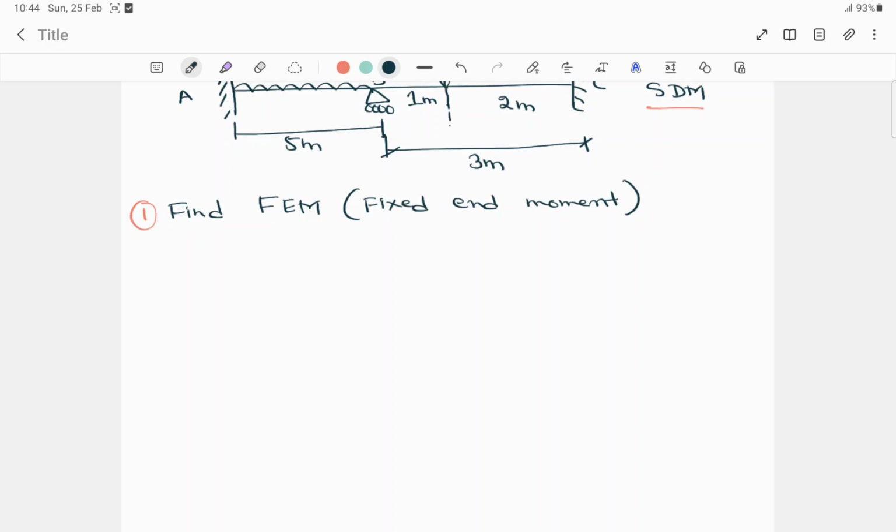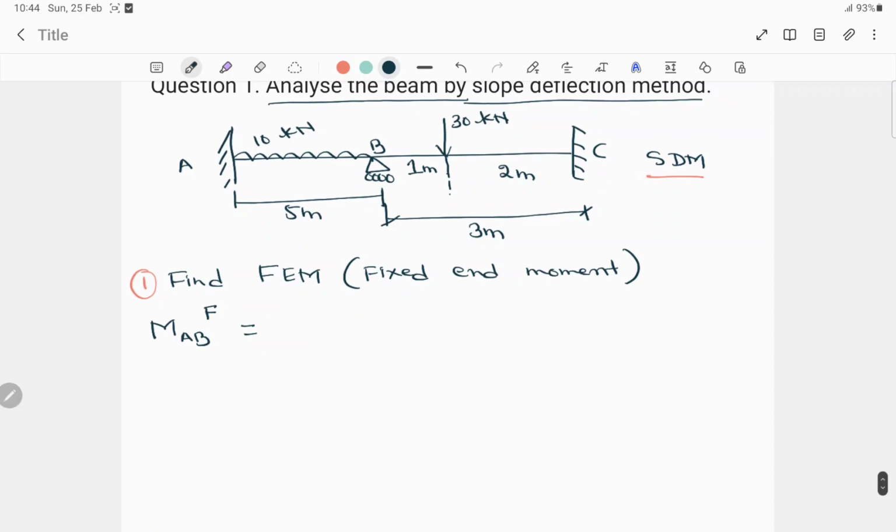So now for the fixed end moment for AB, from A to B is a UDL of 10 kilonewton, and the span is 5.